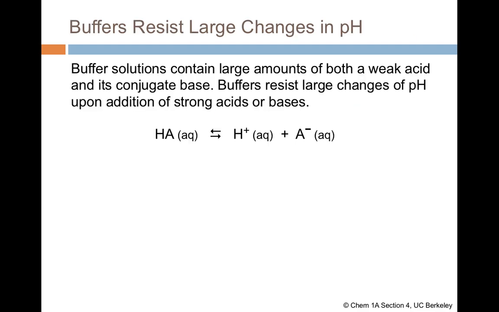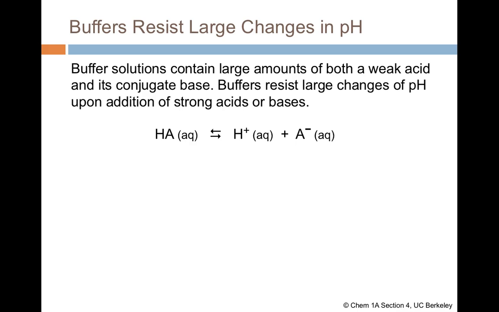The buffer solutions that you make by adding together equal large amounts of both the weak acid and its conjugate base can resist large changes in pH upon the addition of a strong acid or a strong base.